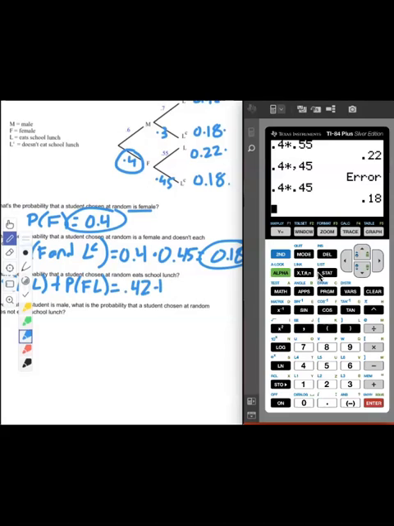Female and eating lunch was 0.4 times 0.55, which is 0.22. When you add 0.42 and 0.22, you get 0.64. There's a 64% chance that whoever we pick eats lunch.